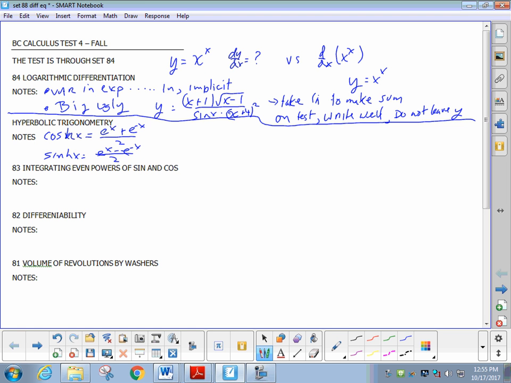So we don't need to know hyperbolic secant and the like. No, I'll stick to just those two. I do want you to know the identity: cosh squared minus sinh squared is 1. I do want you to know the basic derivatives. The derivative of cosh is sinh, and the derivative of sinh is cosh.